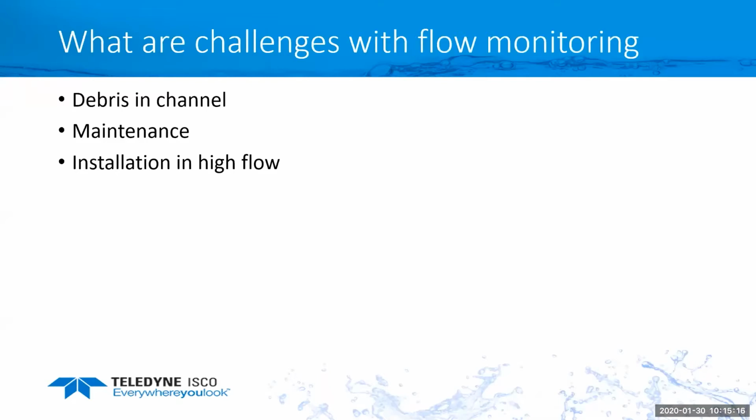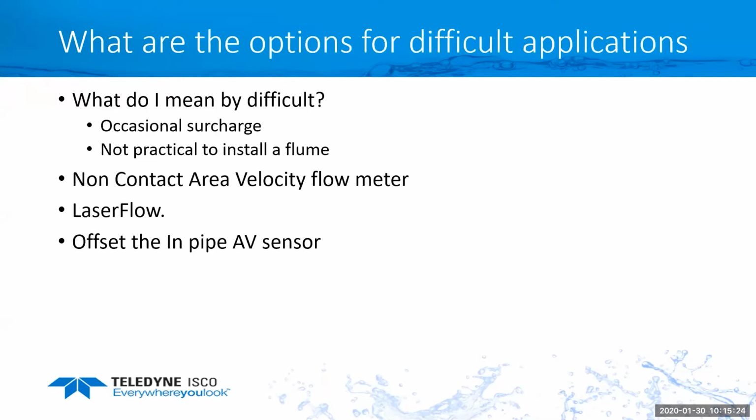So what are some of the challenges with flow monitoring? Debris in the channel, maintenance, and installing sensors in high flow. What I mean by a difficult application is that it could be a channel that occasionally surcharges. It might not be practical to install a flume because it's just a difficult location, or it's too expensive to install a flume.